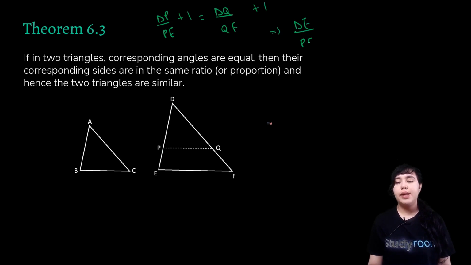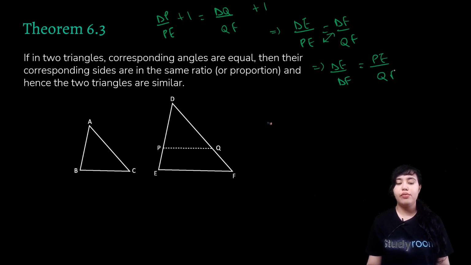The denominator will become PE. Again, take the LCM on the RHS. DQ plus QF is nothing but the side DF upon QF. Right? Now, we can do a simple rearrangement. So I bring DF over here. So DE upon DF is equal to, I take PE on the other side, so it becomes PE upon QF.